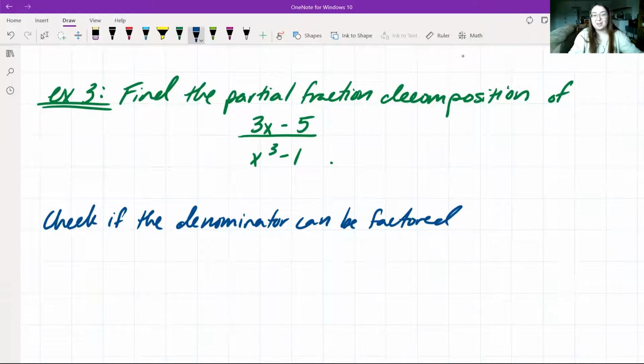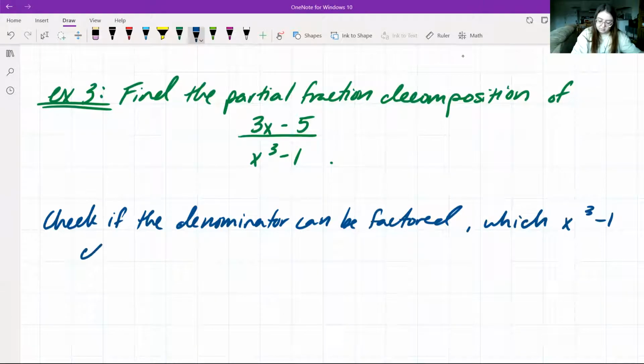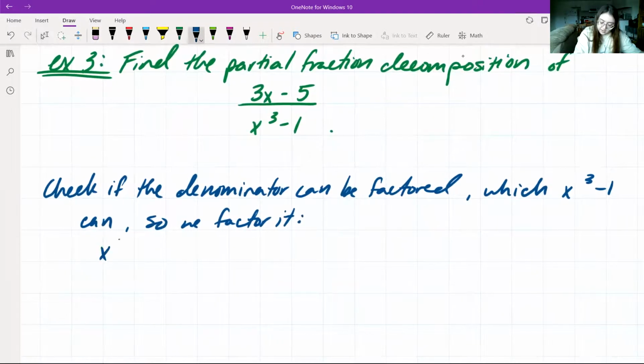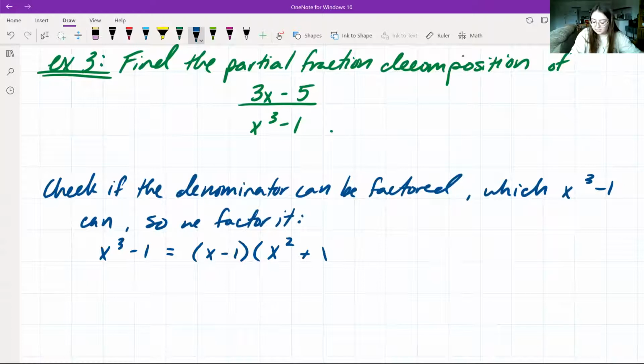X to the power of 3 minus 1 can actually be factored. We factor it into x minus 1 times x squared plus x plus 1.